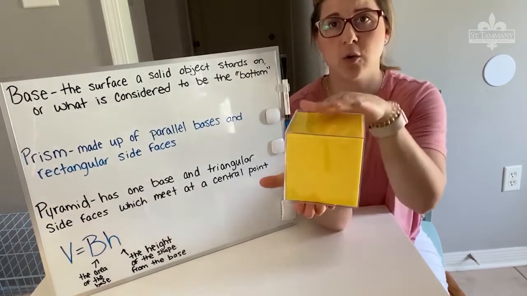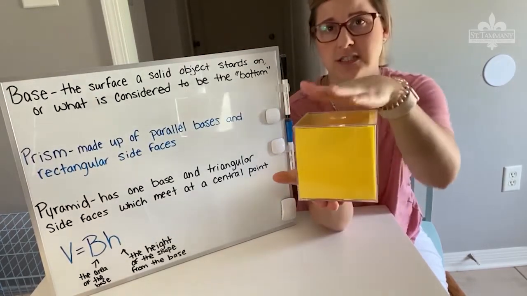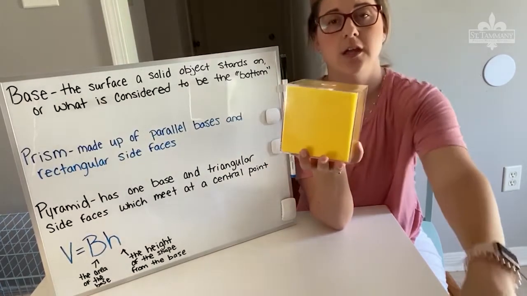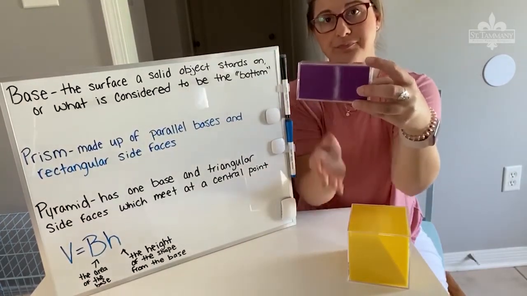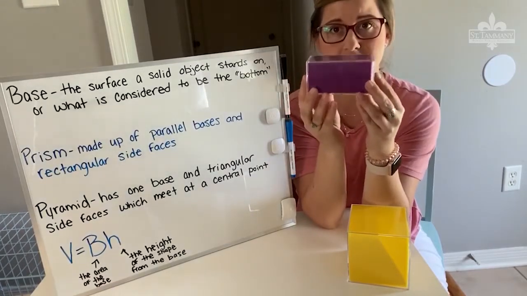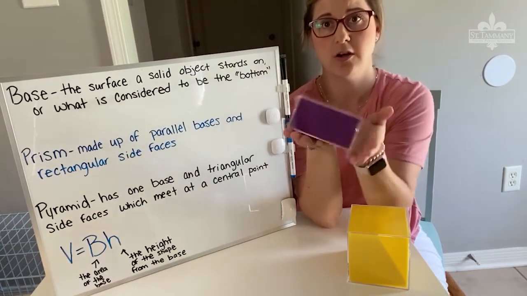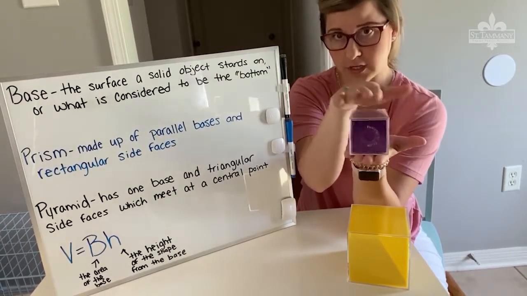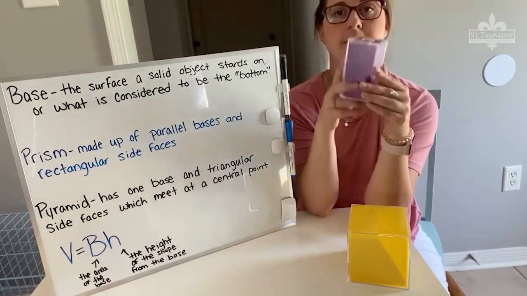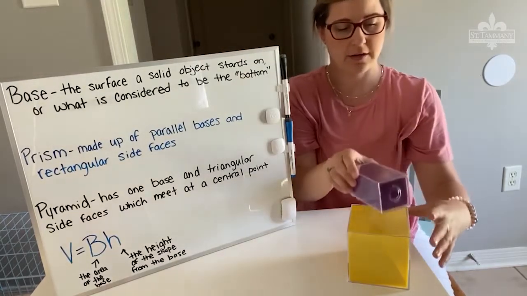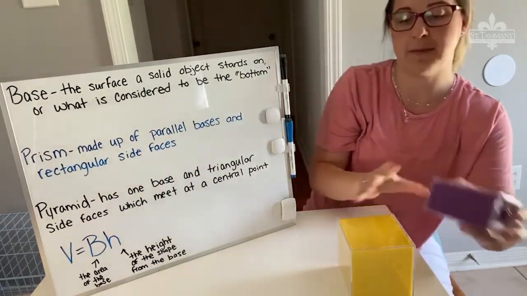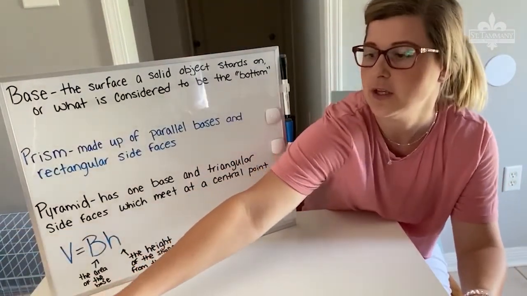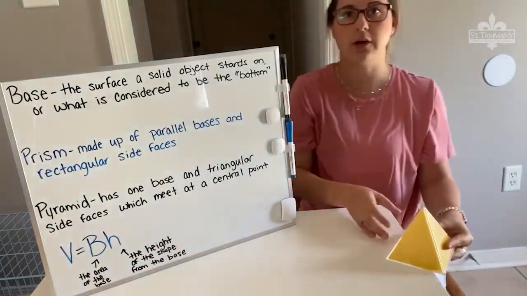So no matter which way I turn this, it still has a square base that is parallel to another square. Just like in this shape, we have rectangles that are parallel to each other. The squares are parallel to each other. So the base is a rectangle. We name our shapes by that shape. Sorry, by that base, not that shape. Shape of the base.